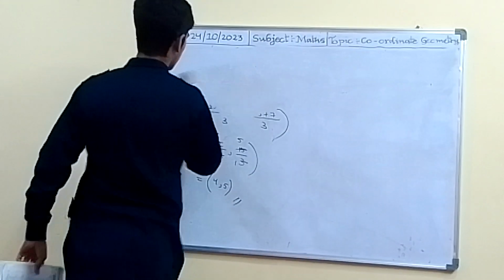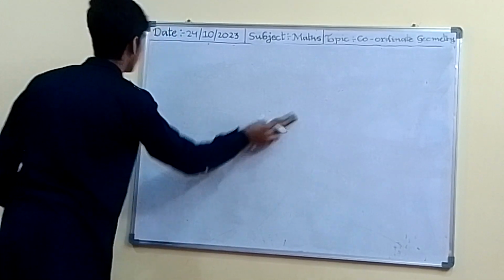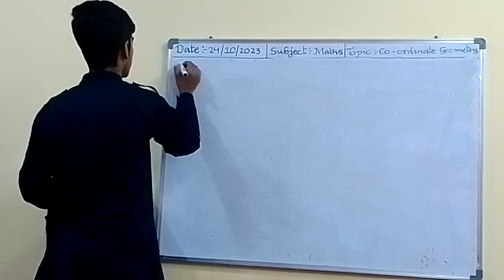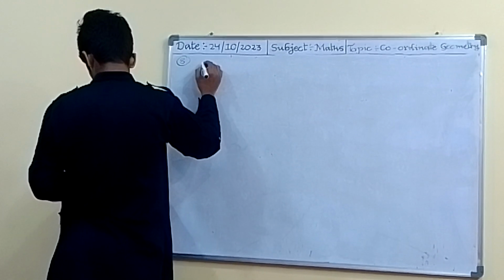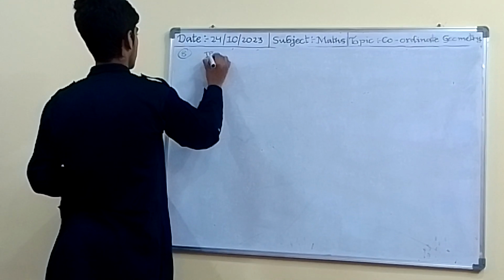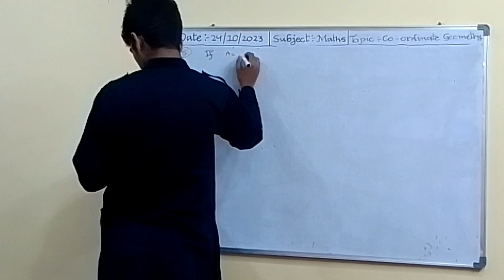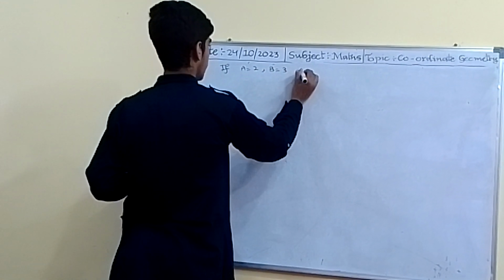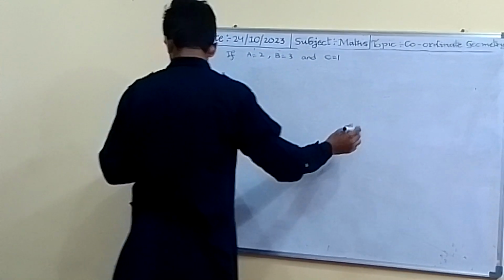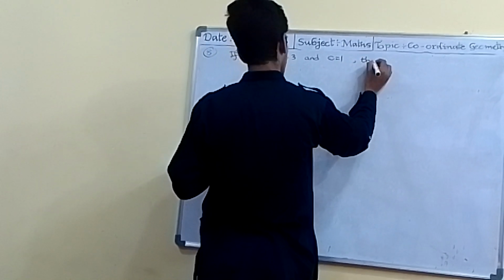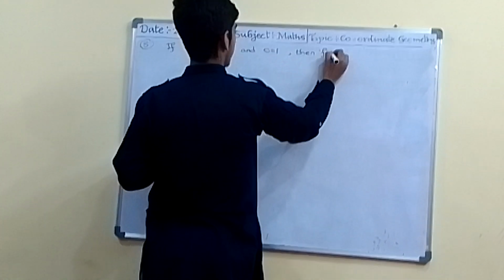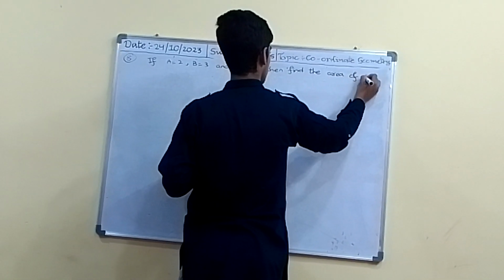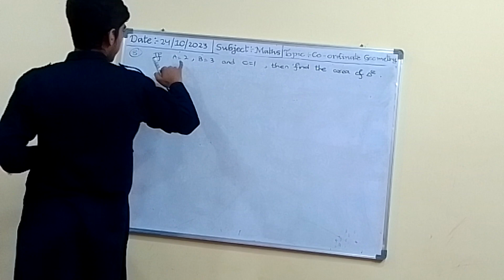By using Heron's formula, we have to find the area of the triangle. If A is equal to 2, B is equal to 3 and C is equal to 1, then find the area of the triangle. A is 2, B is 3 and C is 1.